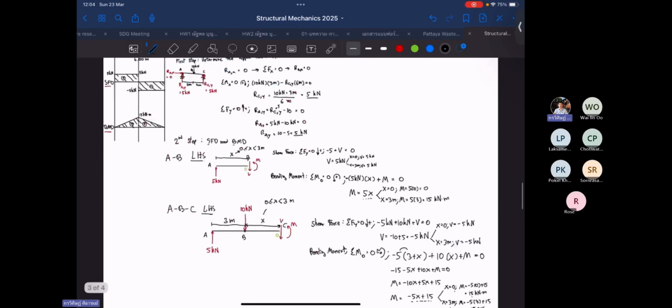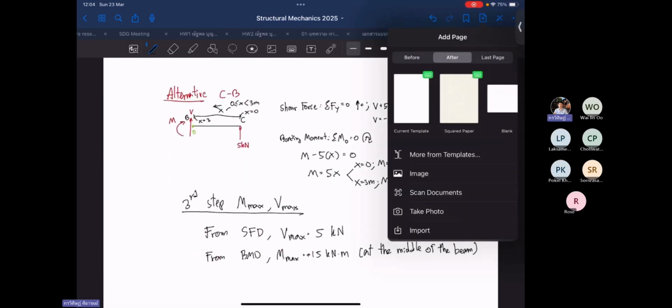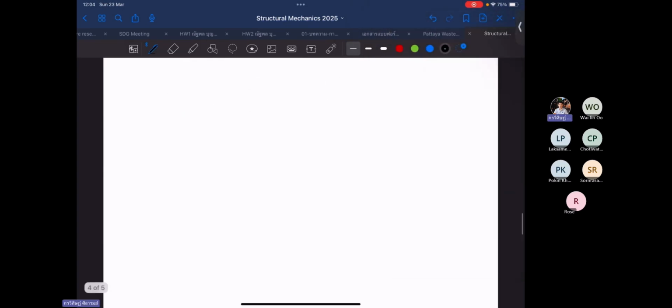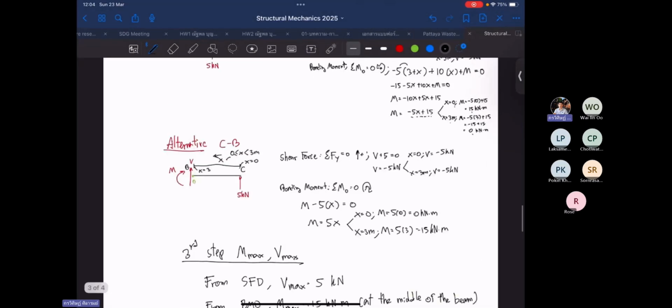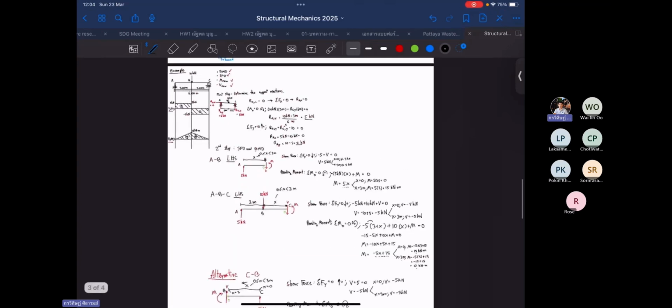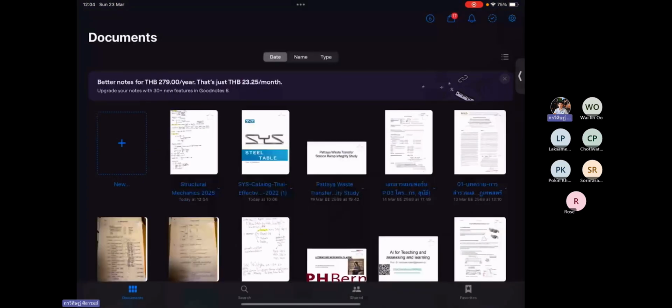And for the beam stress, this one I would like to add. For this beam, you can analyze by hand like this, the concrete method, to determine the beam internal stress.